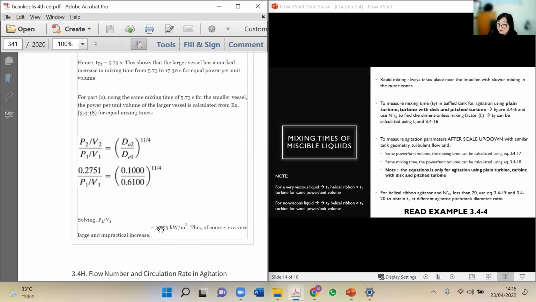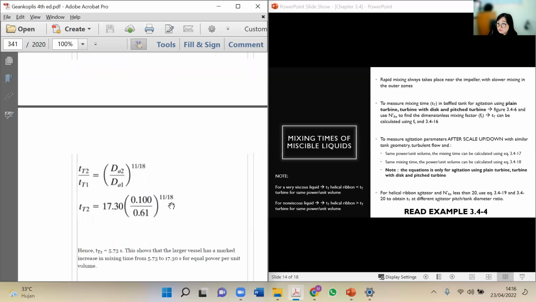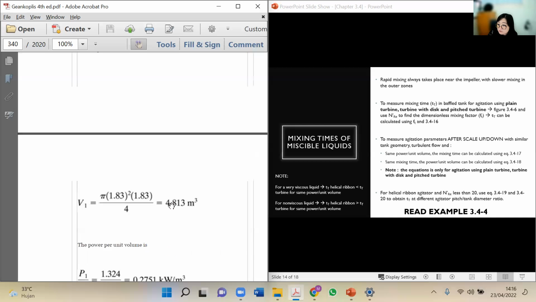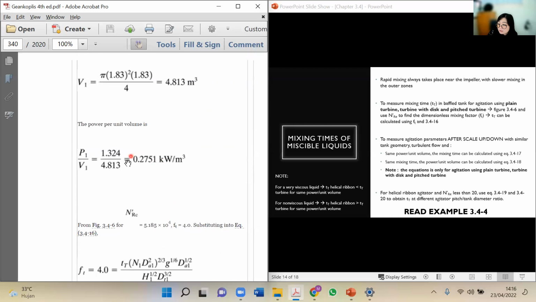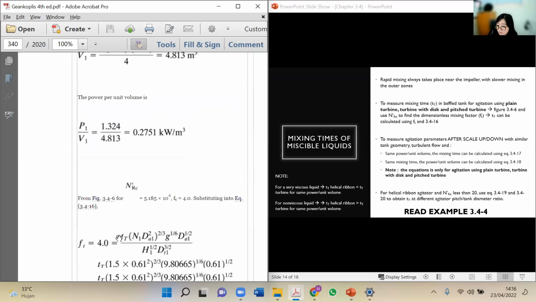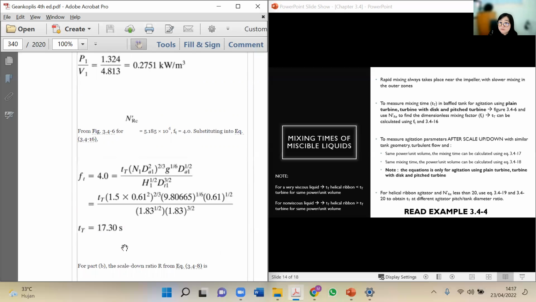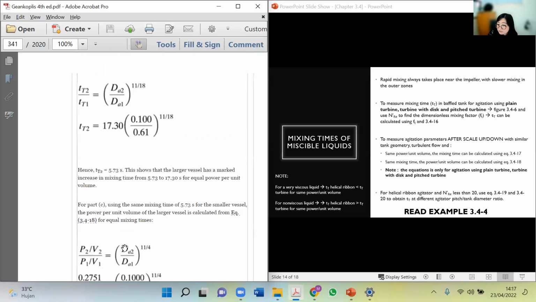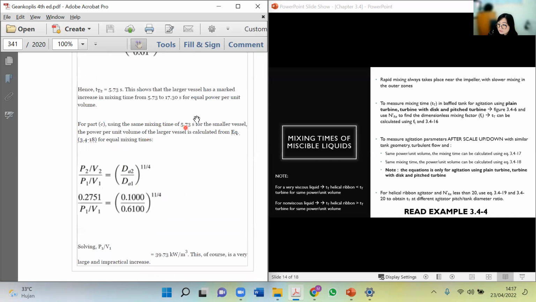Now, Miss, in point A you used 0.2751 also, right? But this is for the mixing time of 17.3 seconds. Meanwhile, in point C, it's for the same mixing time as point B, so it's a very short mixing time, only 5.73.